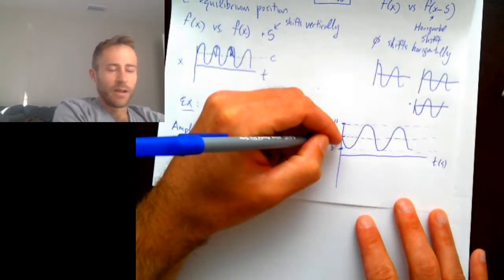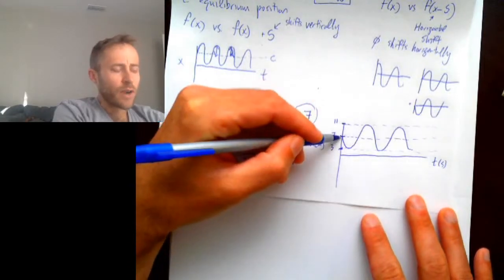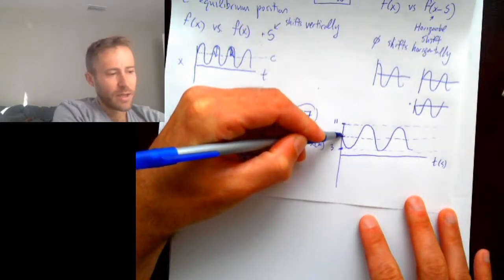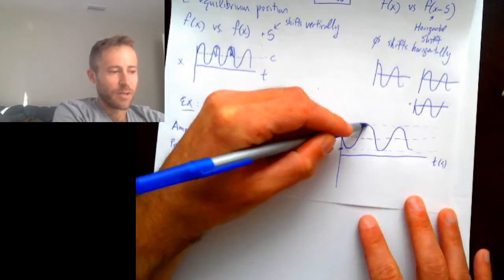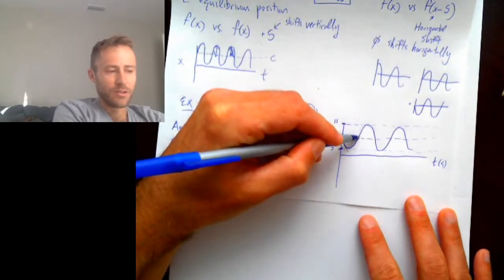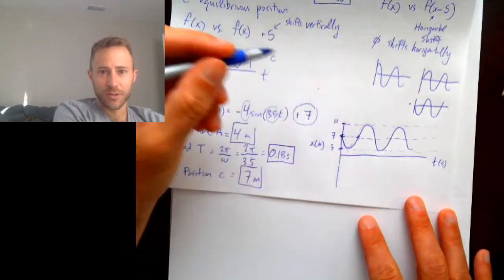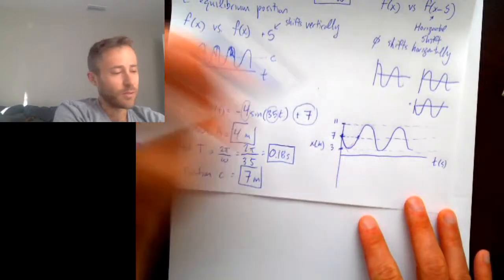And I can see that the graph restarts. It starts out at 7 going down, and the next time, now here this is not one period because here it's going up as it crosses 7. So it has a positive velocity while it crosses 7.